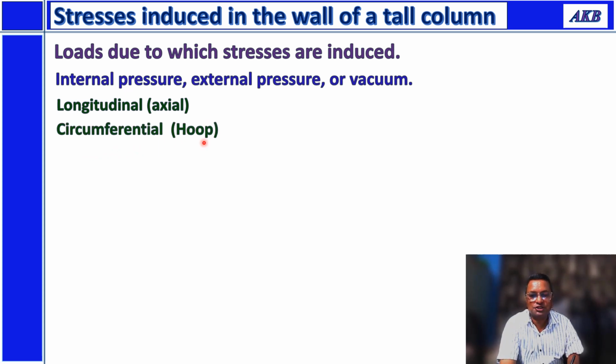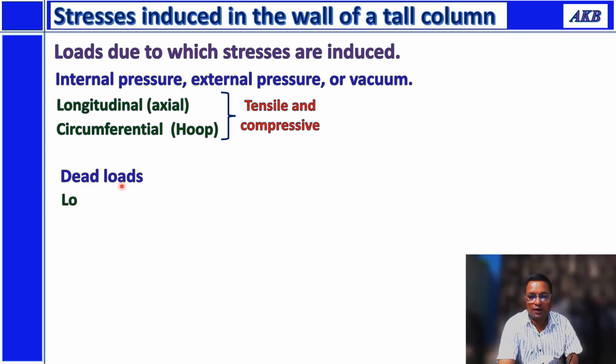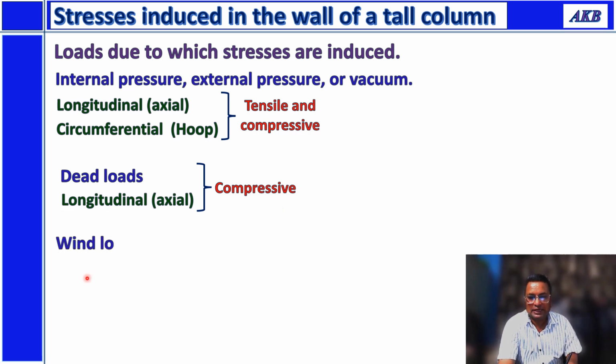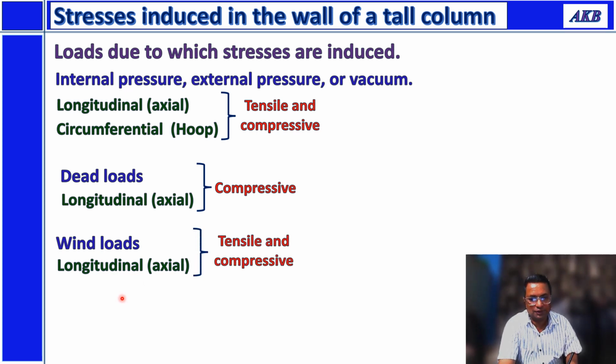Also circumferential or hoop stress will be induced in the wall. These stresses may be tensile and compressive. Then due to dead loads, again longitudinal, that is axial stresses will be induced, and these will be compressive stresses. Due to wind loads, again longitudinal stresses will be induced, and these will be tensile and compressive.